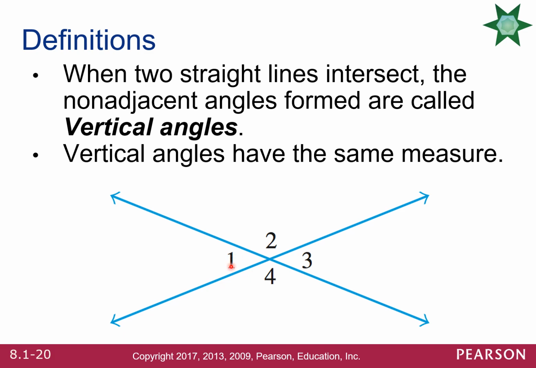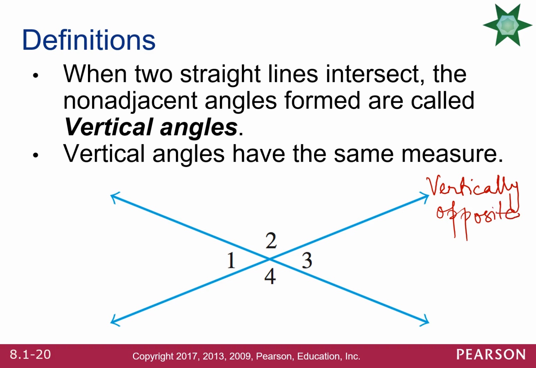Now, angle 1 and angle 3 are vertically opposite. They are angles opposite or across from each other. 2 and 4 are also vertically opposite. All right. So we have what's called vertically opposite angles.